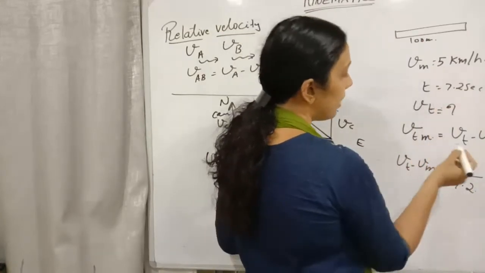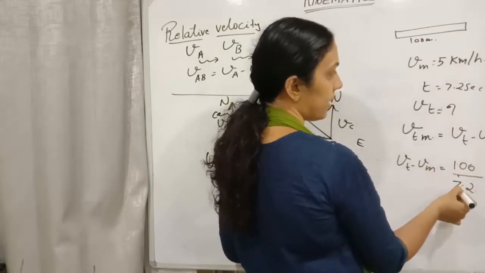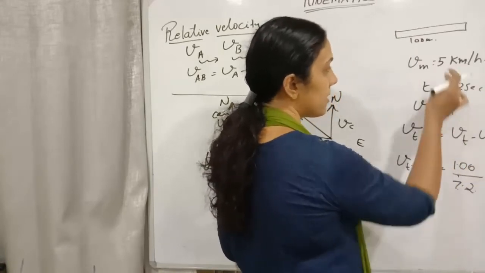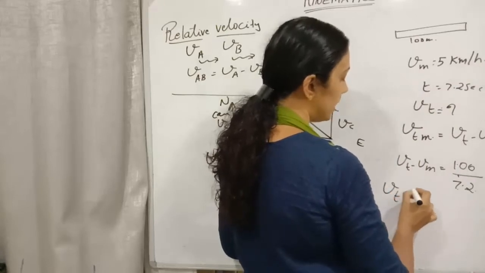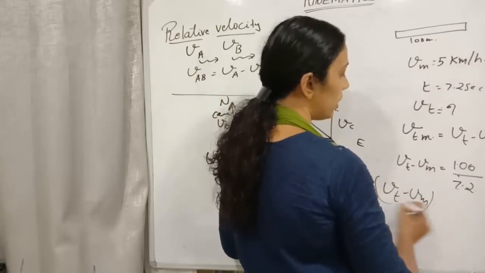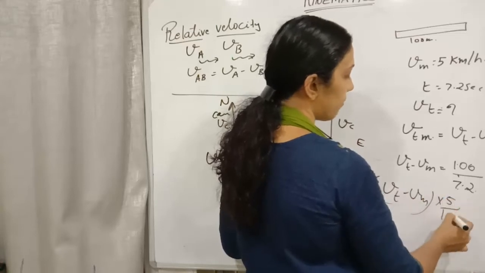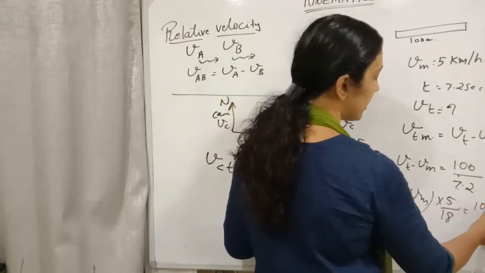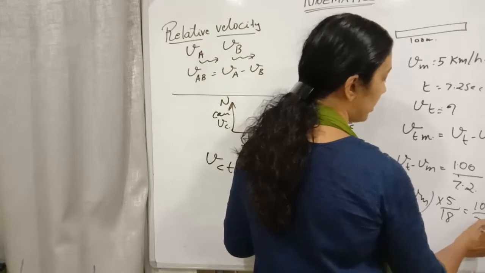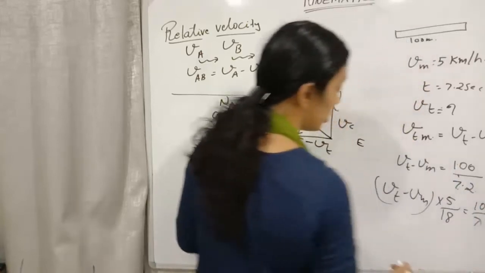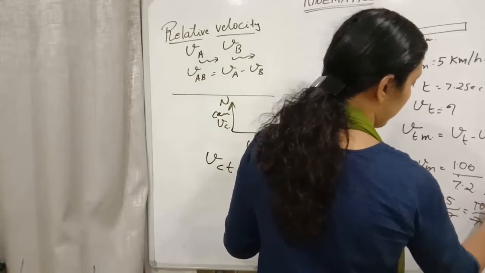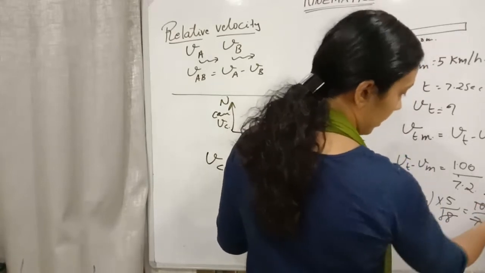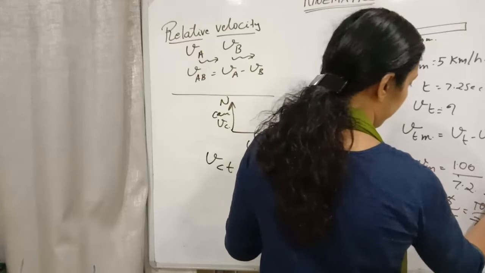But here this is in meter per second, right? This is meter and this is second, but here it is in kilometer per hour. Therefore, Vt minus Vm, converting kilometer per hour to meter per second by multiplying by 5 by 18, equals 100 divided by 7.2, which is 1000 divided by 72, giving 50.